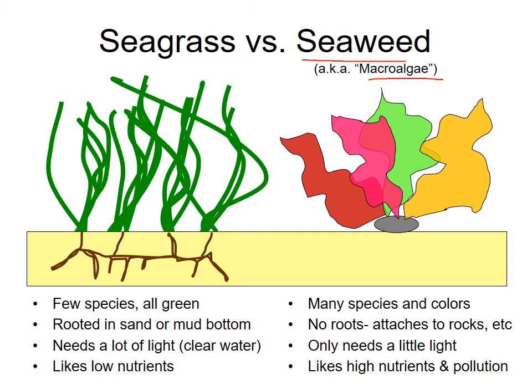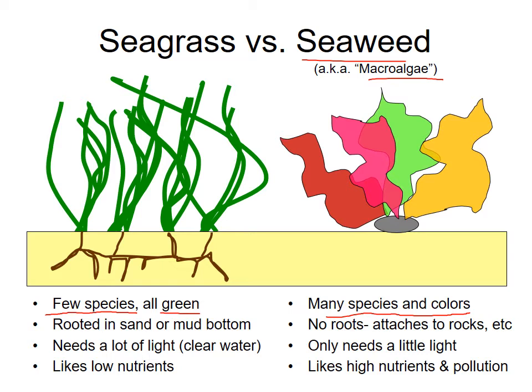So here's a couple of important differences between seagrass and seaweed. There are not that many species of seagrass in the world. There's only about 60 species of seagrass in the world, and they're all green, since they're all true plants which evolved from green algae millions of years ago. Whereas the seaweeds, there are many, many different species, thousands of species, and many different colors from browns to reds to greens.